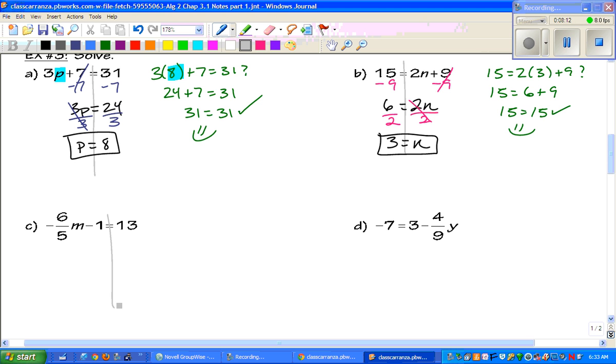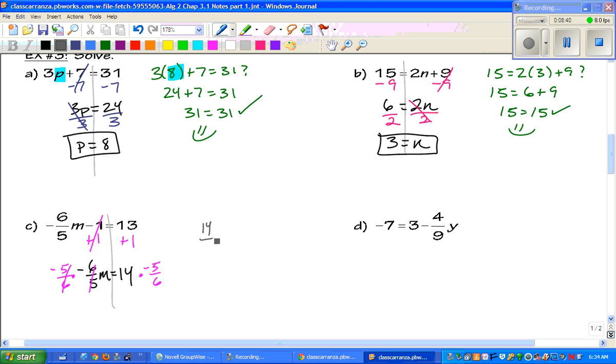All right, letter C. Order of operations, we need to get rid of addition or subtraction first, so I'm going to add 1 to both sides. We're left with negative 6 over 5 m equals 14. Inverse is to multiply by the reciprocal.